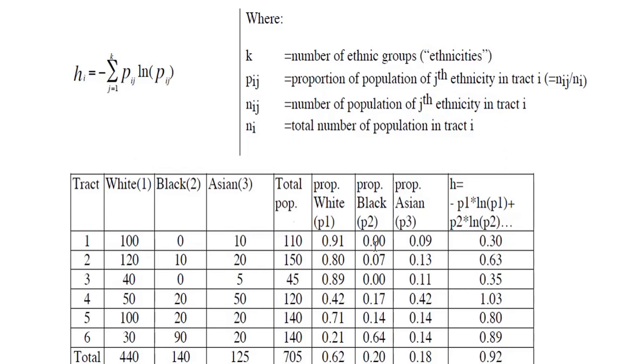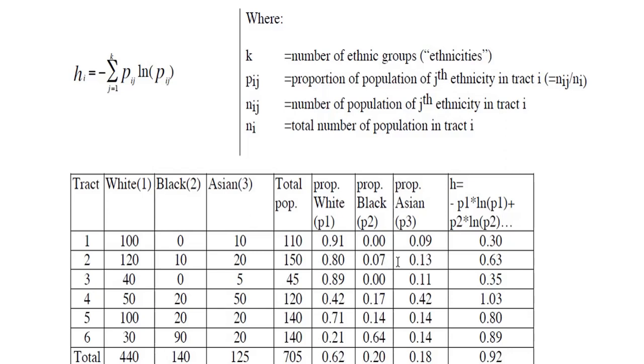Now, using the formula p_ij log p_ij, these are the p_ij. So this is, let's say, 0.80 times natural log of 0.80, plus 0.07 times log of 0.07, plus 0.13 times log of 0.13.